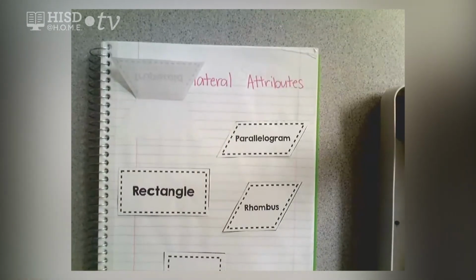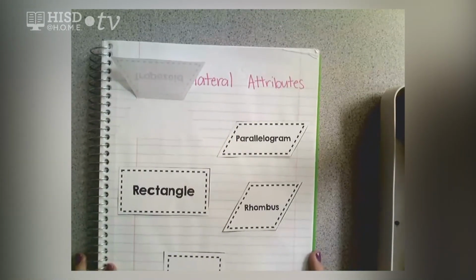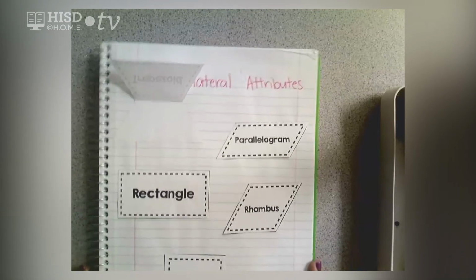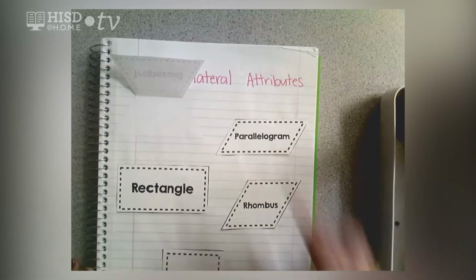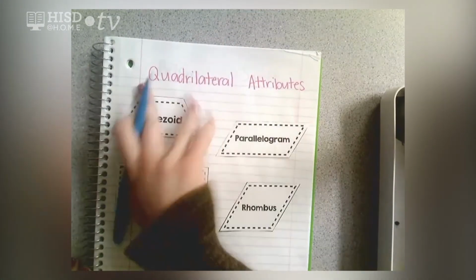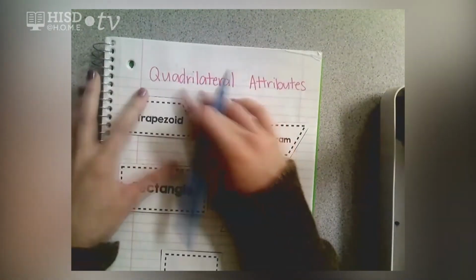Something that makes the trapezoid specific to it and different than the other parallelograms is that it only has one set of parallel lines. And when we say one set, that means two parallel lines to each other. If we had two sets, these sides would be, but these two don't. They're going to meet one day.